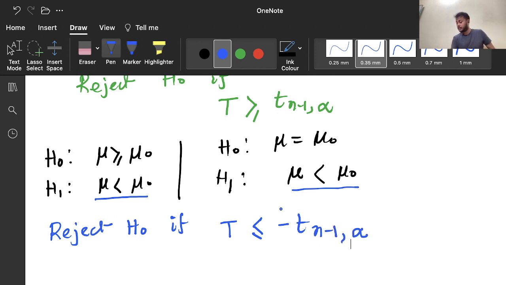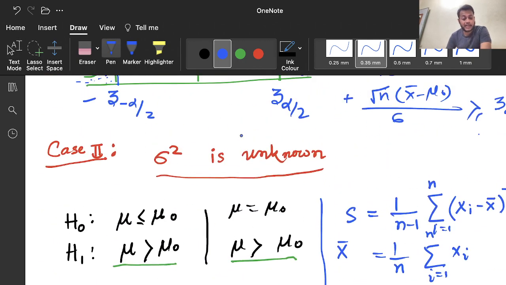And here the t distribution is also a symmetric distribution. Another thing: these two are one-sided tests.